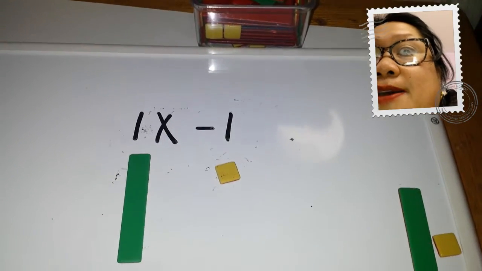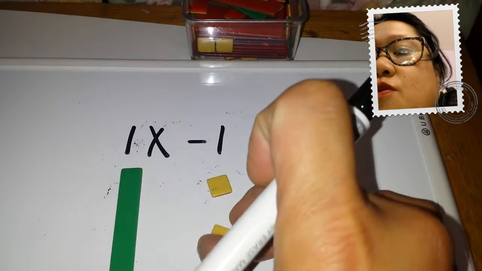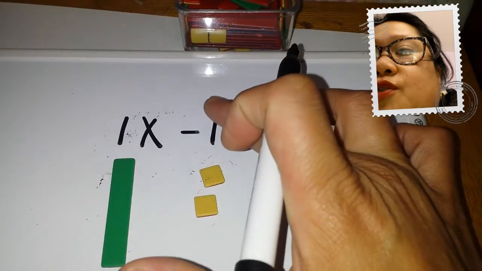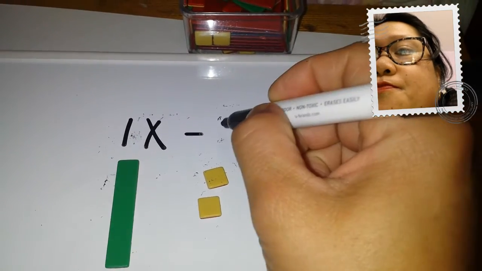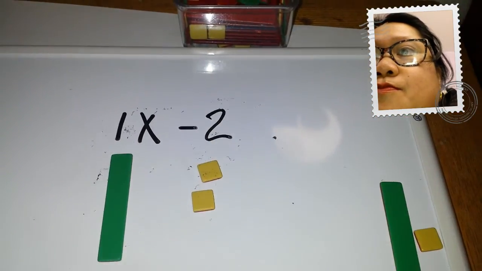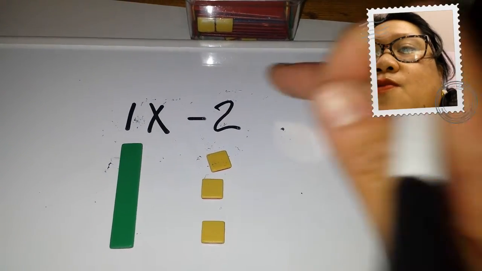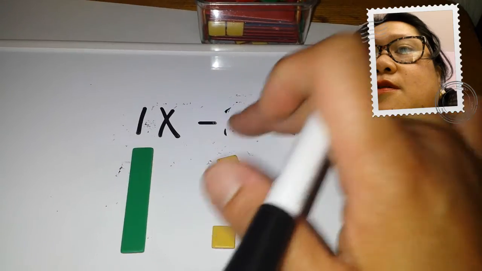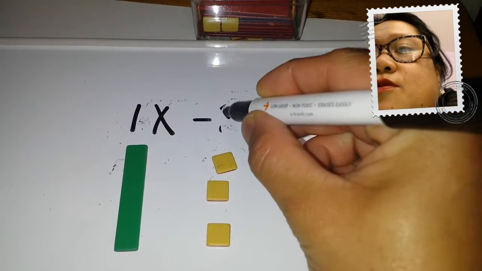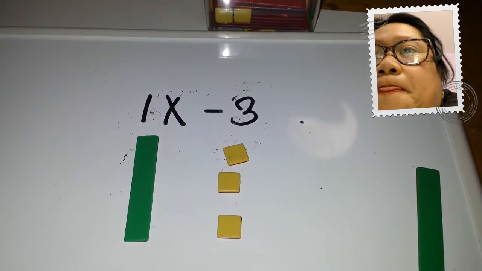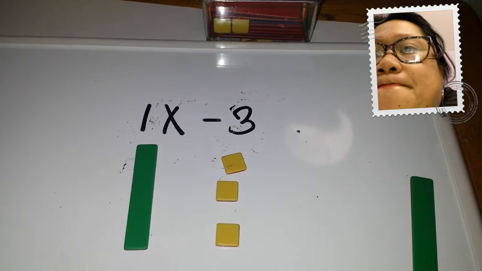Or 1x minus 2. Or 1x minus 3. If we had 3 squares, it would be 1x minus 3. Okay?